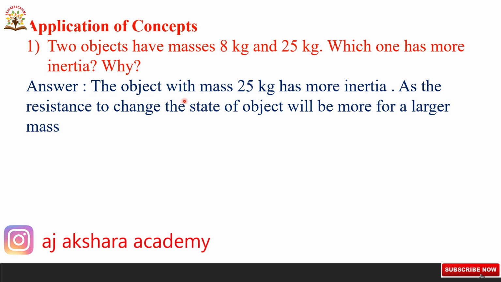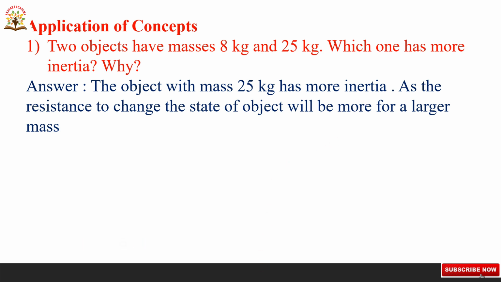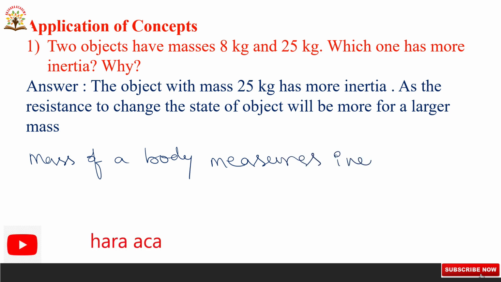The object with mass 25 kg has more inertia because the mass of a body measures inertia. The resistance to change the state of the object will be more for a larger mass.